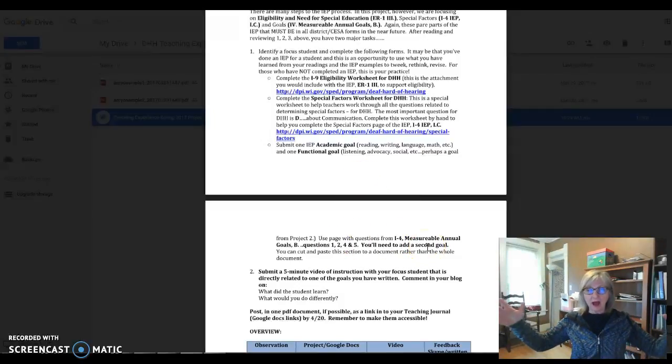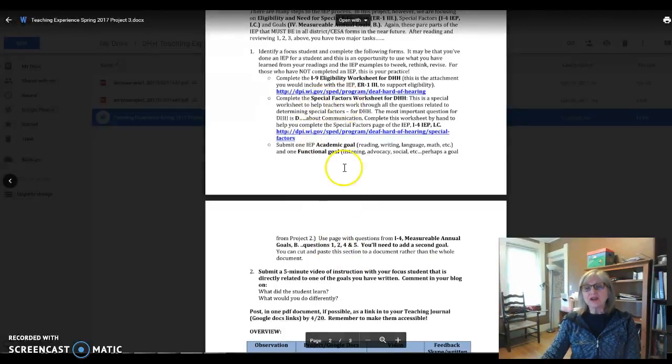This form has a lot in it, but really you're going to hone in right on the measurable annual goals, and you'll do 2. One will be academic, one will be functional. I do ask you to do at least 2 benchmarks for each of those goals, so again, thinking about how you're going to get to those goals.